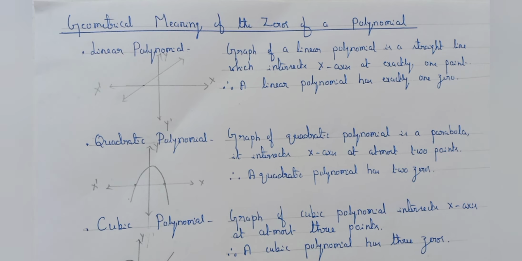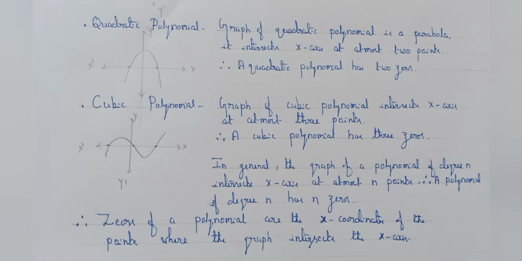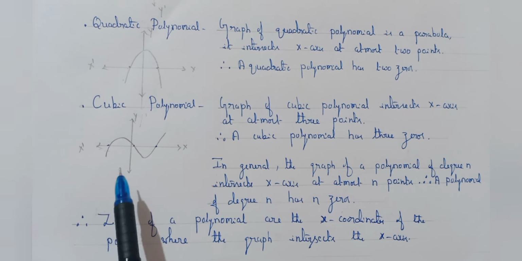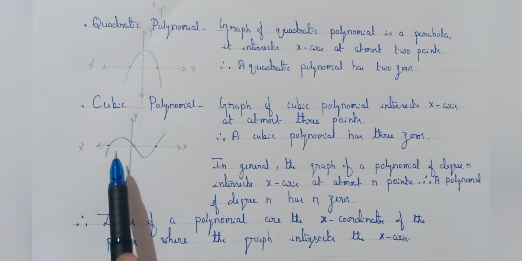So in general, the graph of a polynomial of degree n intersects the x-axis at most n points. Therefore, a polynomial of degree n has n zeros. Therefore, the zeros of a polynomial are the x-coordinates of the points where the graph intersects the x-axis.